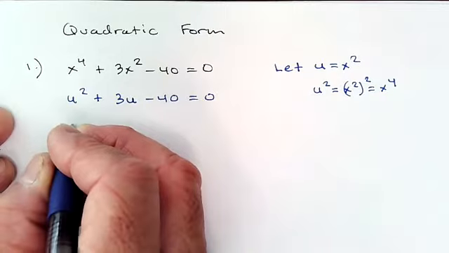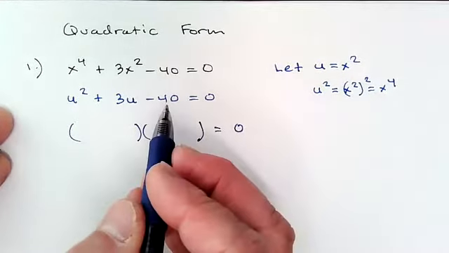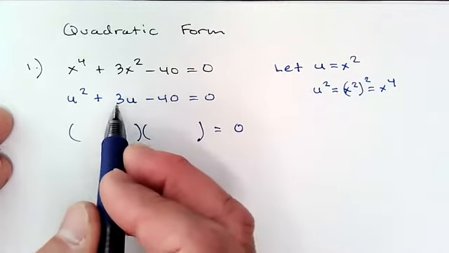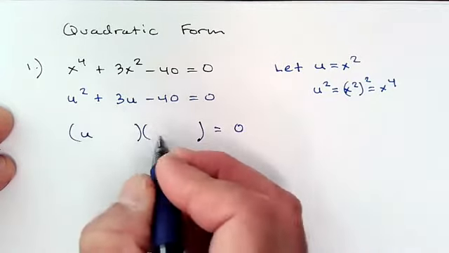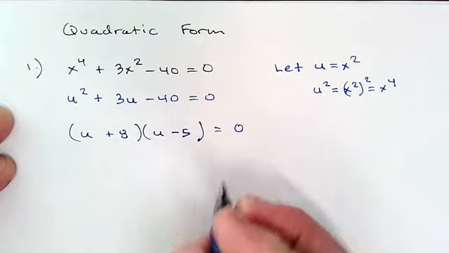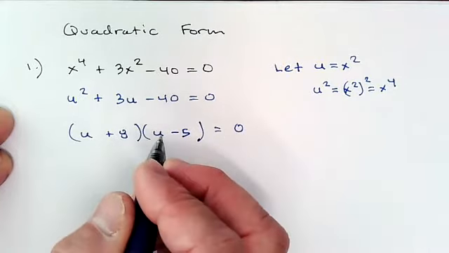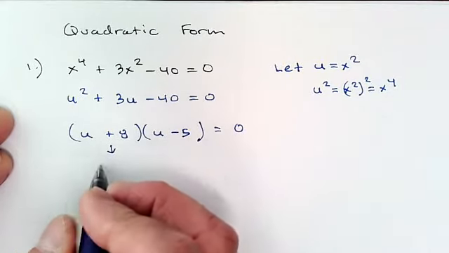We try to factor. So this factors into two numbers that multiply to negative 40 and add to positive 3. That's going to be plus 8 minus 5. By the zero product property, either u plus 8 equals 0 or u minus 5 equals 0.